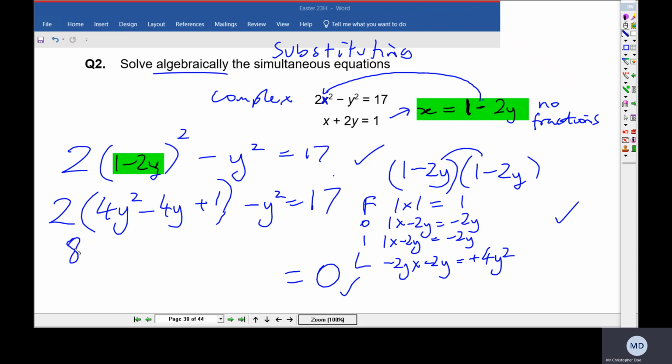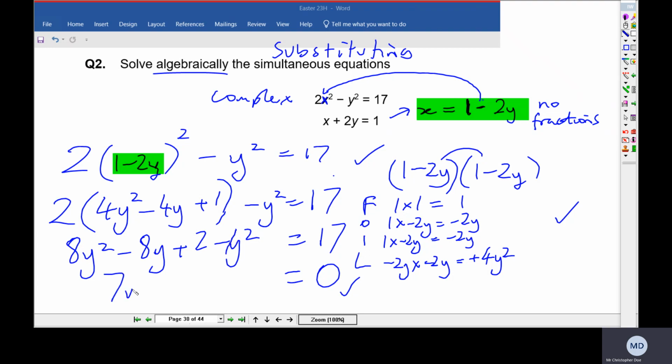So I've got 8y squared minus 8y plus 2 minus y squared equals 17. Right, what's 8y squared minus y squared, Kieran? 8y squared. So I've got 8y squared there at the beginning. I've got another y squared there, and 1y squared if you want. 7y.